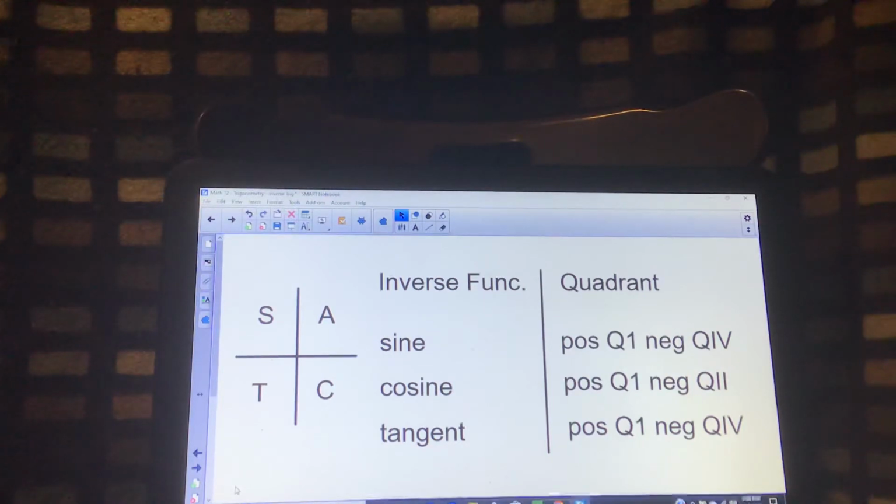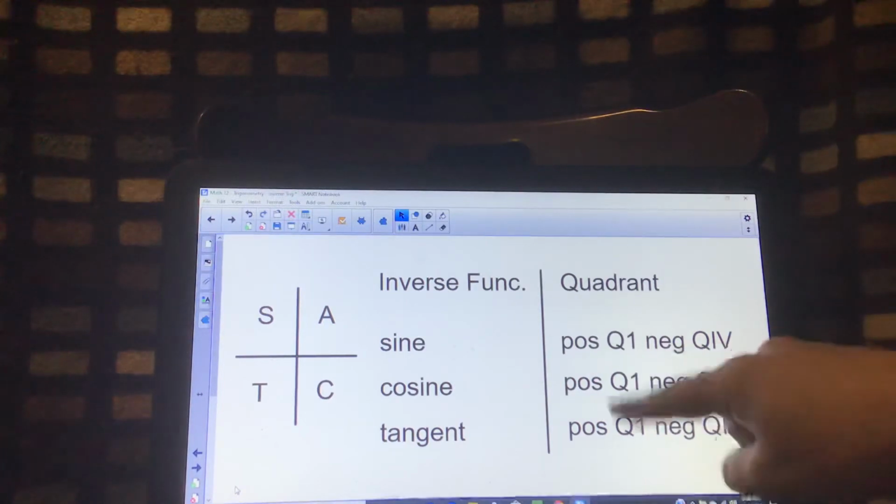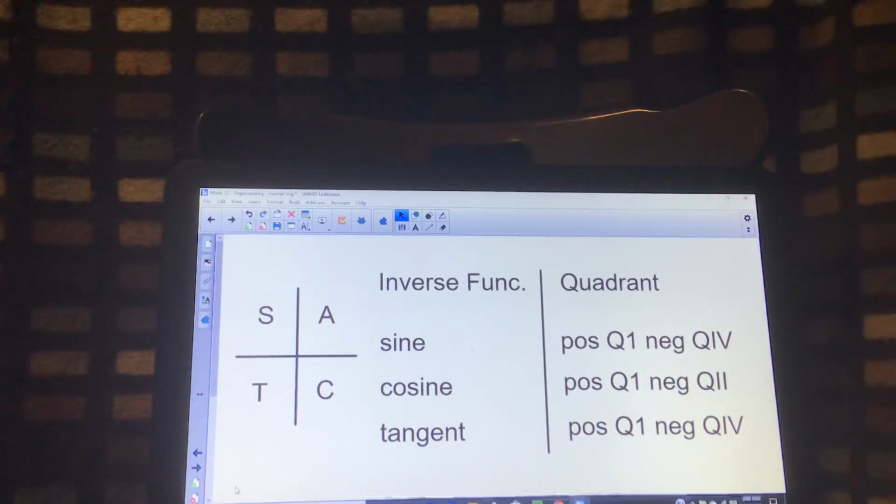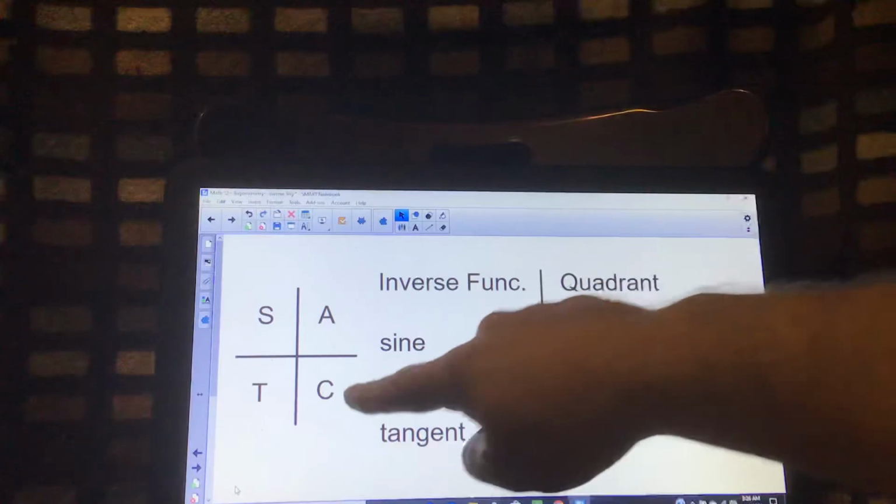Cosine is a little different because cosine can't be quadrant 1 and quadrant 4. If you do cosine inverse of something positive, it'll come out quadrant 1 like the others. But if you do cosine inverse of a negative number, the problem is that cosine isn't negative in quadrant 4.